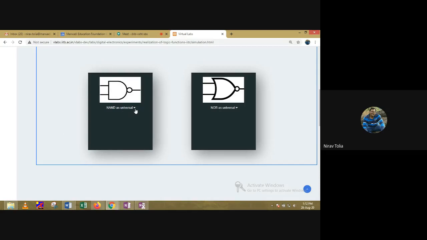So first let me do NAND as an OR. Okay, first NAND as an OR.